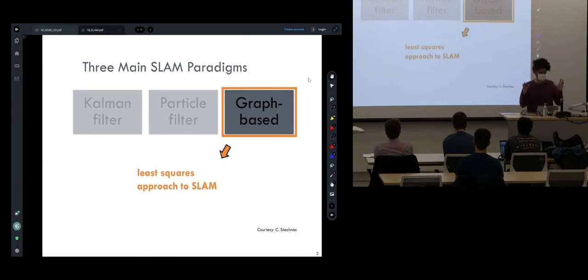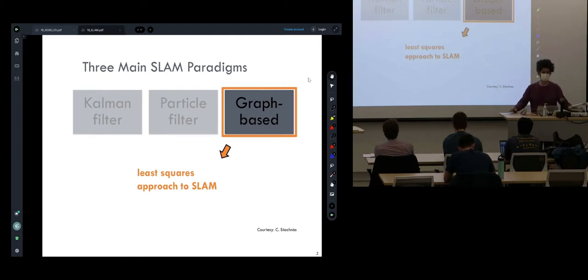In this particular lecture, we will focus on graph SLAM. Historically, there are three main paradigms of SLAM in the literature. The problem initially started by looking into Kalman filtering based SLAM and its variants, information filter, sparse extended information filter.